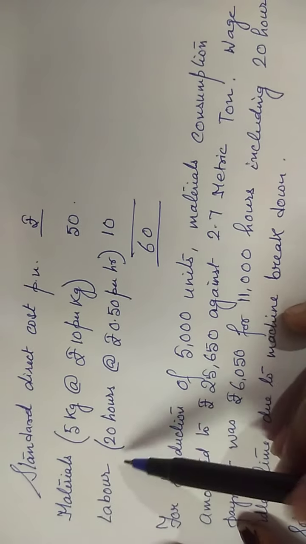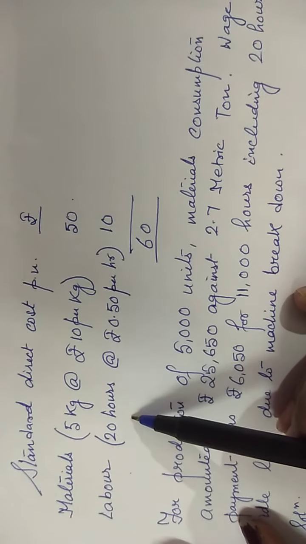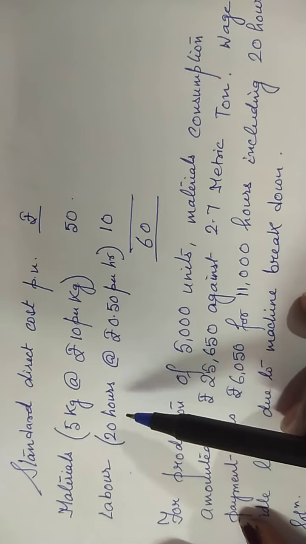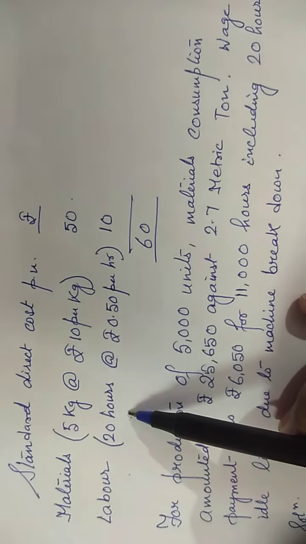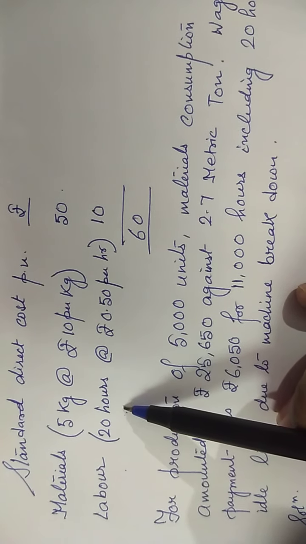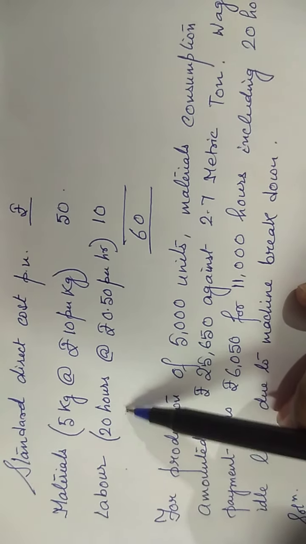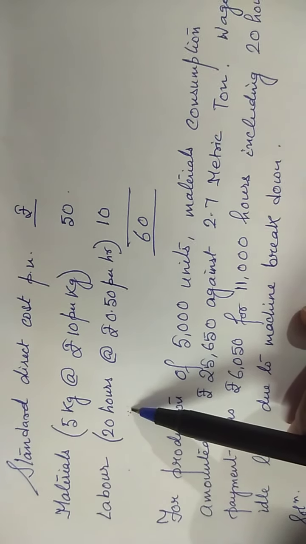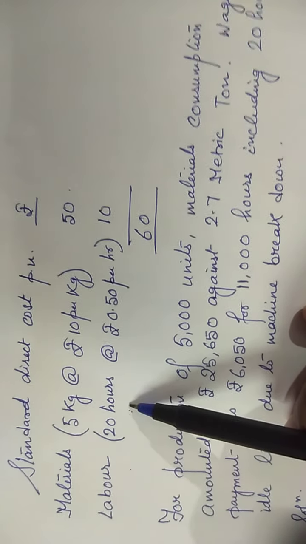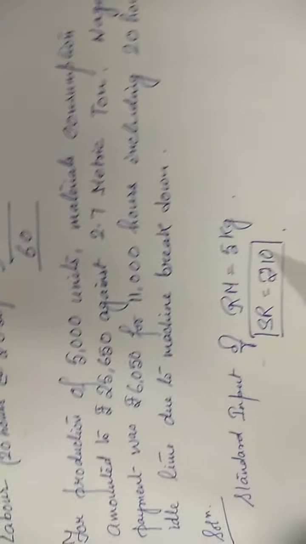Next is given labor. In the same manner, in order to produce 1 unit of finished products, you need to invest 20 hours of labor. Means if one labor works for 20 hours, then 1 unit of finished output will be produced.